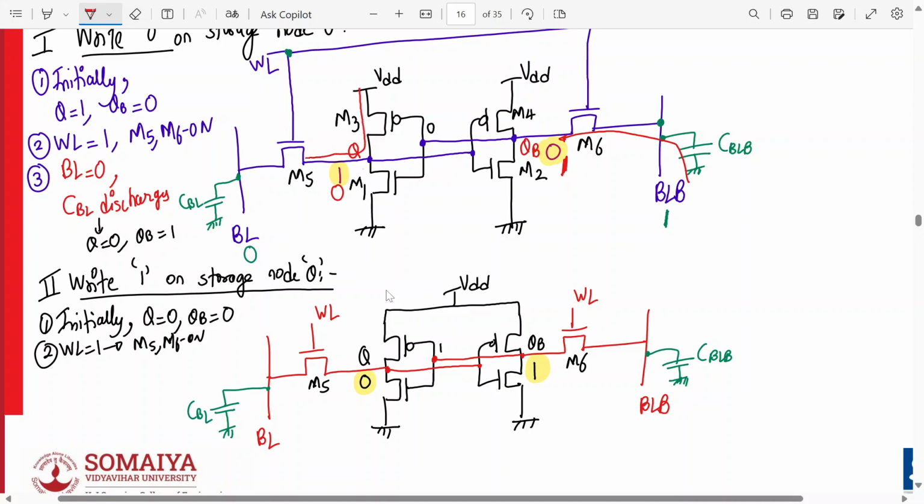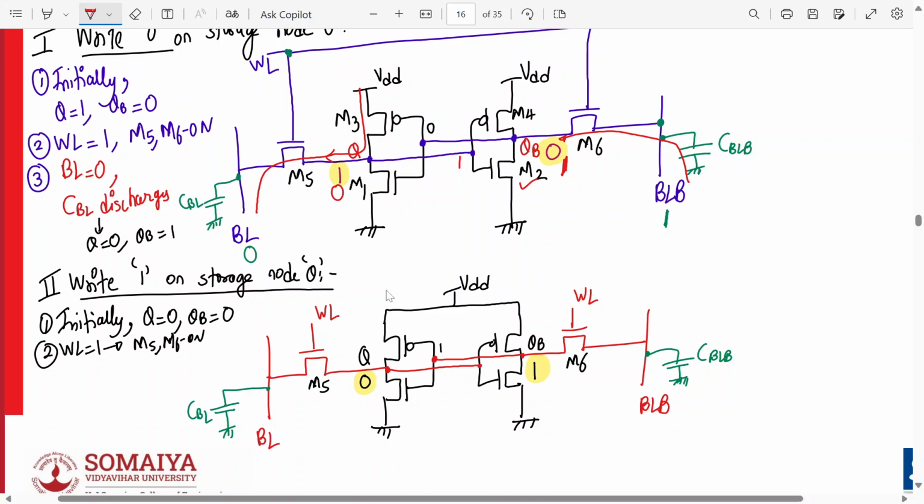Sorry, I forgot: Q was charged to VDD via M3. Now M5 is on, so it will bring this voltage level down to 0. Sorry for that. And in this case, your input is 1, so M2 is on. Then it will charge up till this voltage goes up to VDD. That is what will happen.